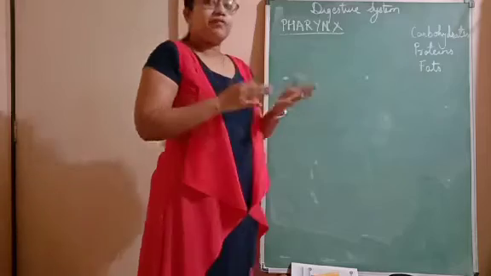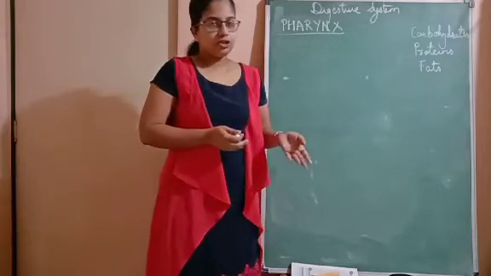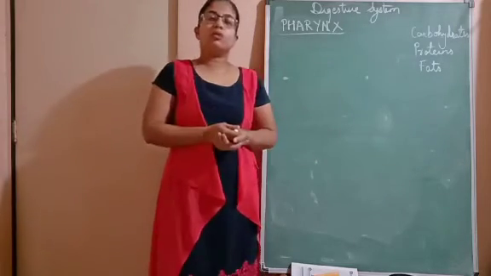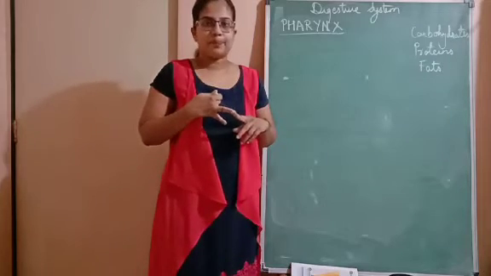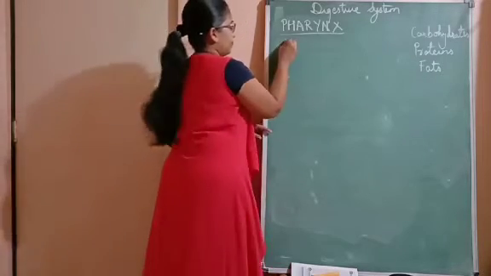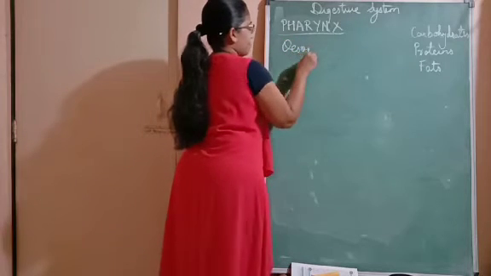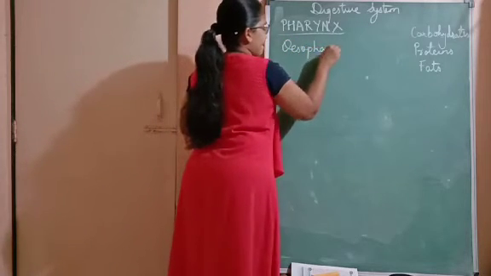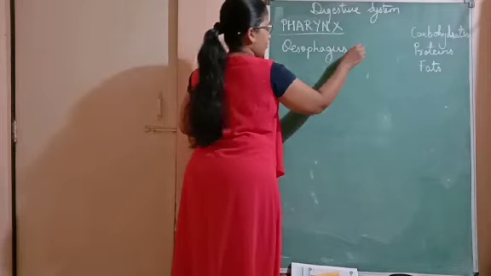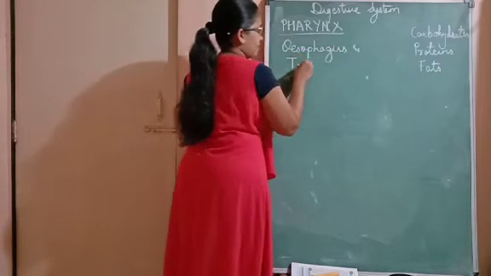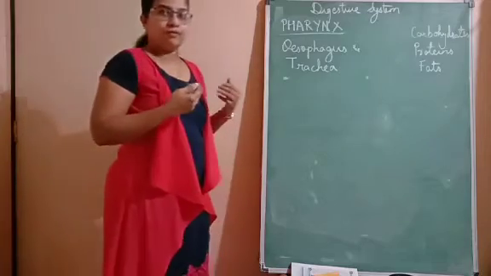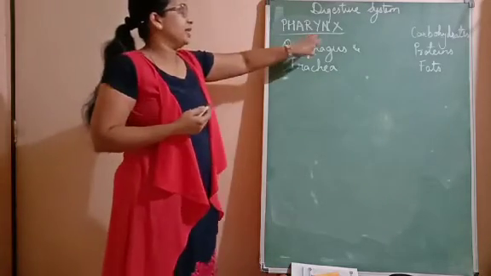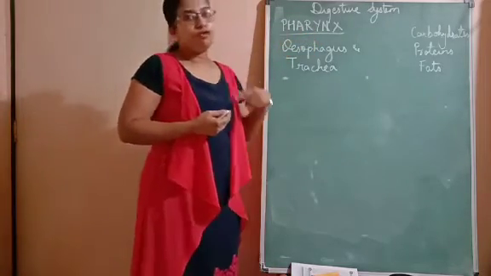Now, food pipe and windpipe are general terms which I use. The actual words used over here are the esophagus and the trachea. Trachea is nothing but the windpipe, and esophagus is the food pipe.